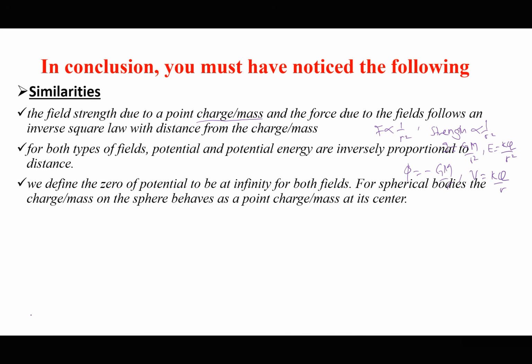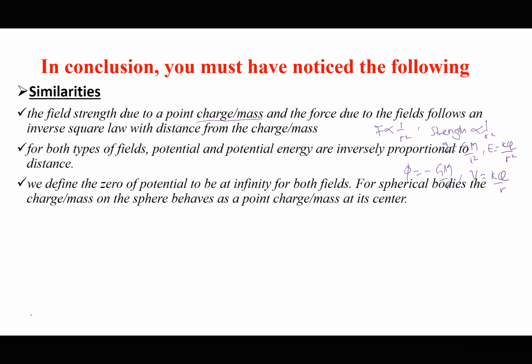Number three, we have defined the zero of potential to be at infinity for both fields. For spherical bodies, if it is a mass, the field lines are radially inwards, and if it is a charge, the field lines are radially outwards. So, for spherical bodies, the charge or mass on the sphere behaves as a point charge or mass at its center.